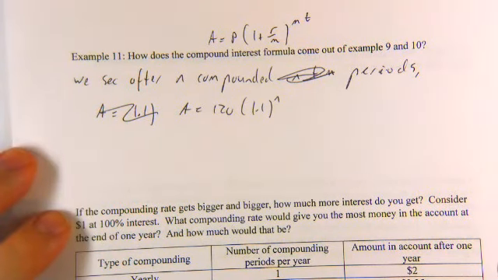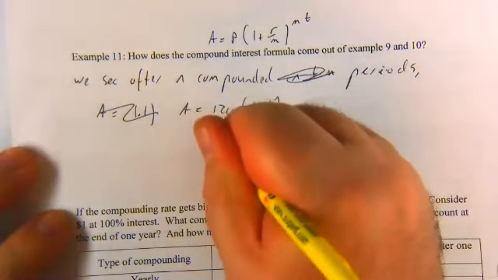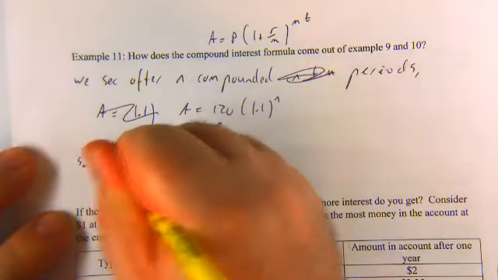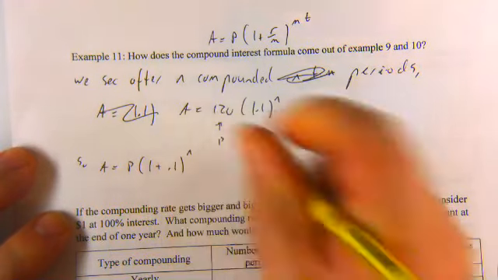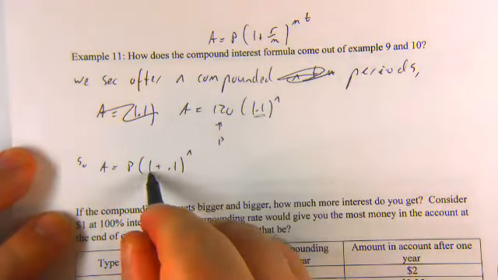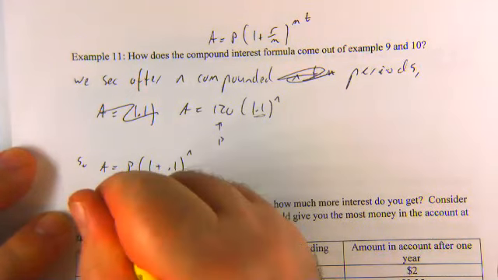Okay, so this is your principal. The 1.1, well, that was 1 plus your interest rate.